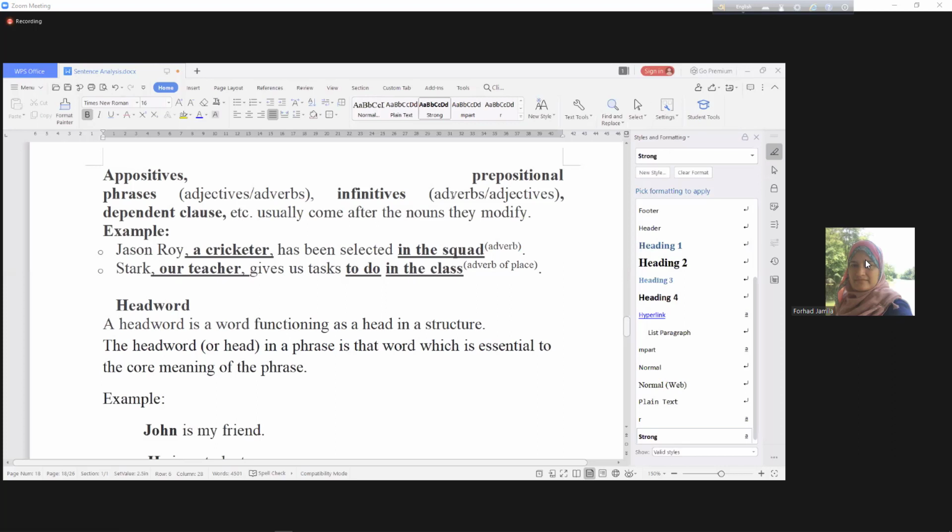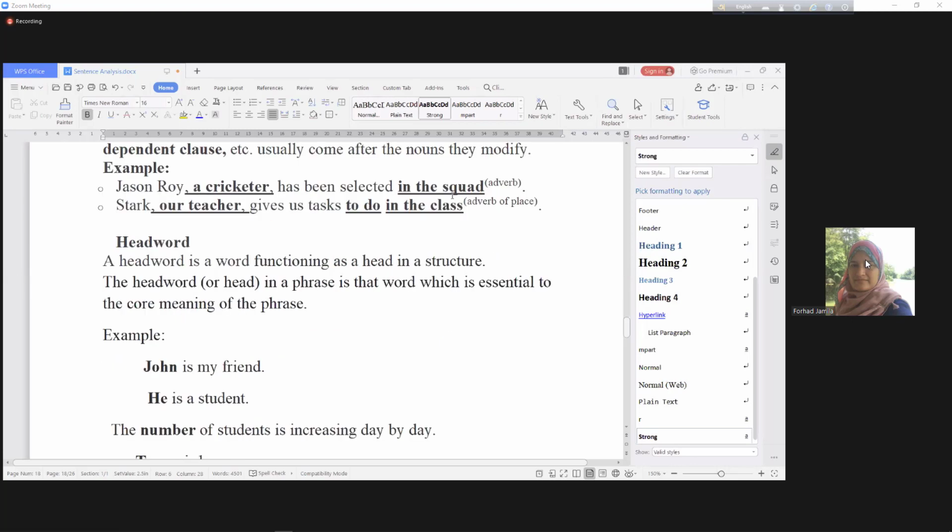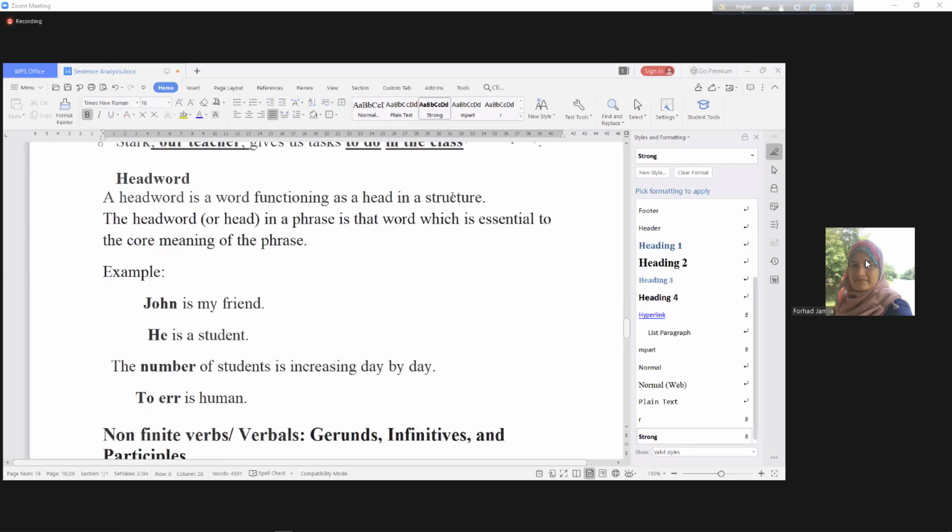Now let's see another element that we have in sentence. After determiner and modifier, you can find headword also. Headword is actually the subject of a sentence. You must know which word is the headword.